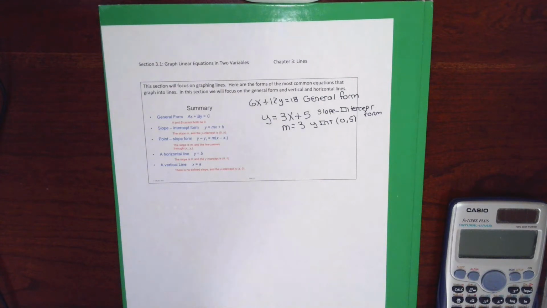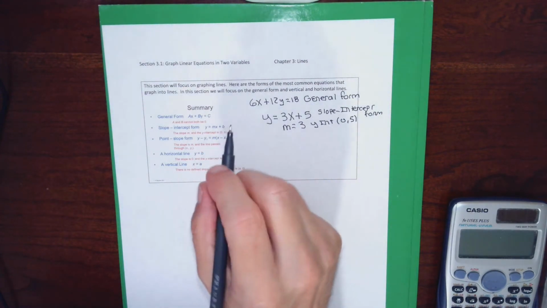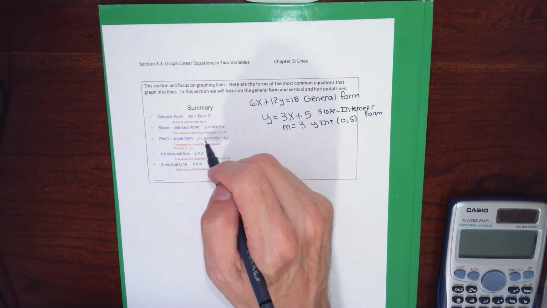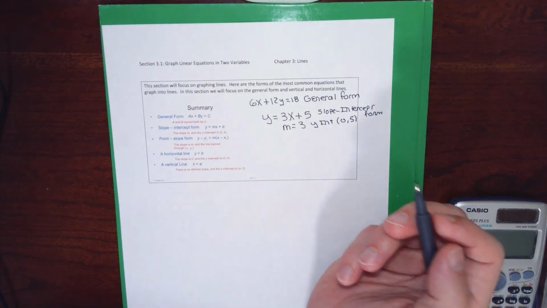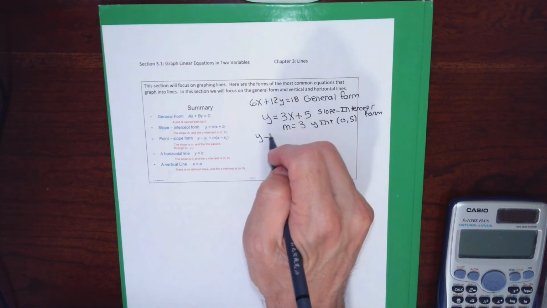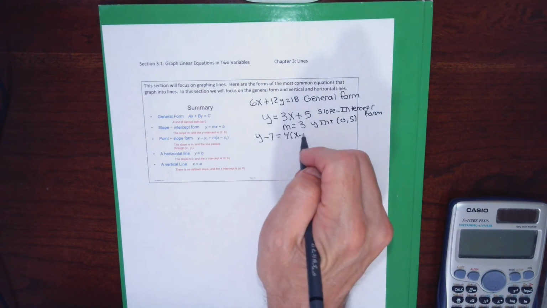If my goal is to create an equation of a line given some data, more often than not, I use the point-slope form. The point-slope form of a line says y minus the y-coordinate of the point given equals the slope times x minus the x-coordinate of the point given. Something like this: y minus 7 equals 4 times x minus 2.